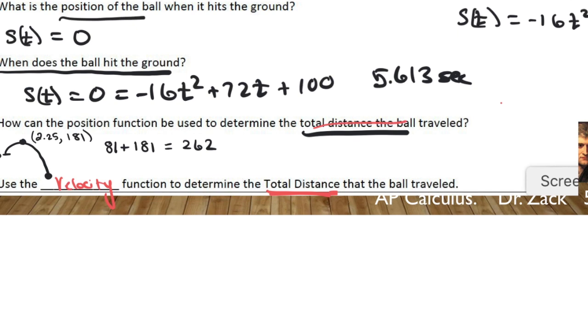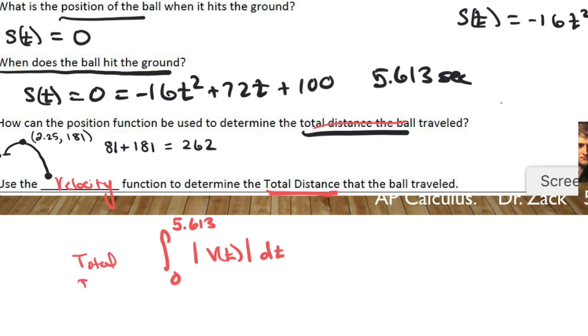So if you were to integrate from 0 to when you hit the ground, so that was your 5.613, the absolute value of your velocity function, that's going to take into account how far up and how far down the ball goes. So your velocity function can be used to find your total distance.